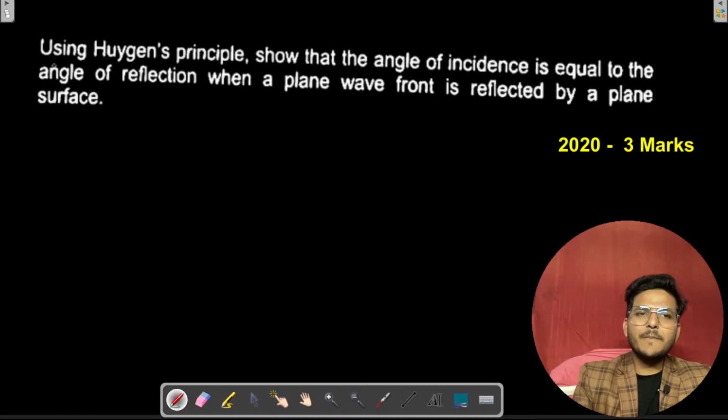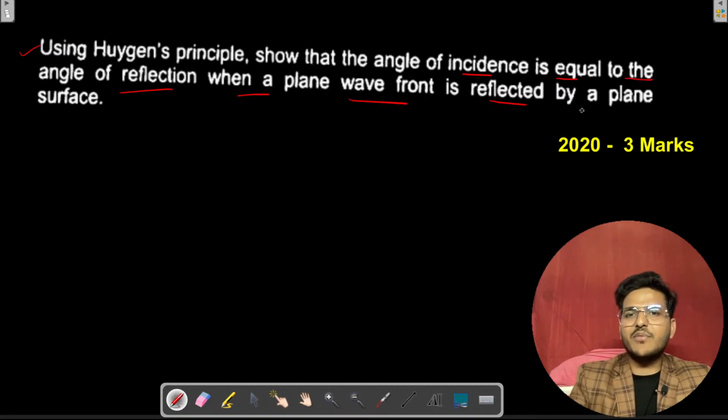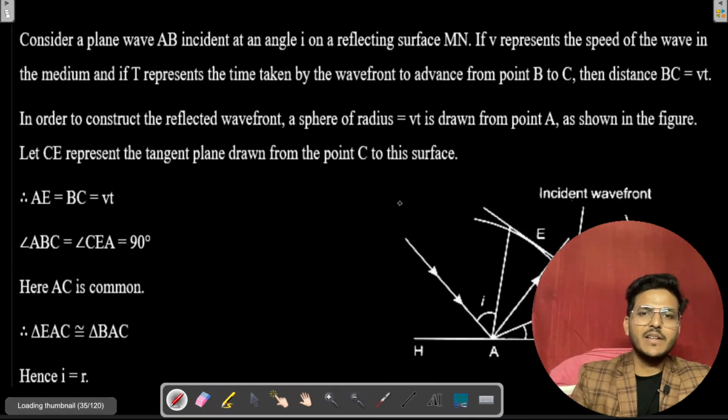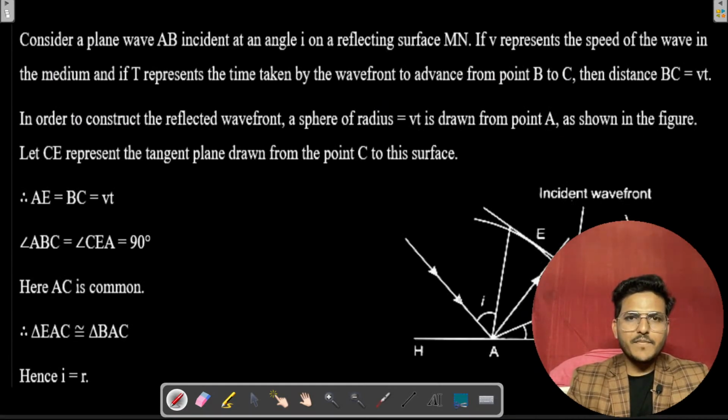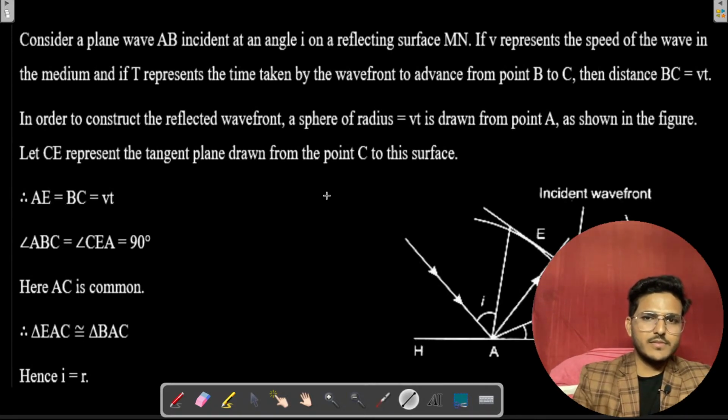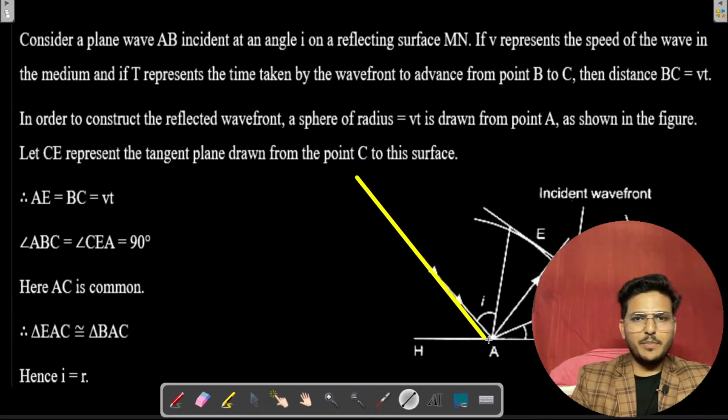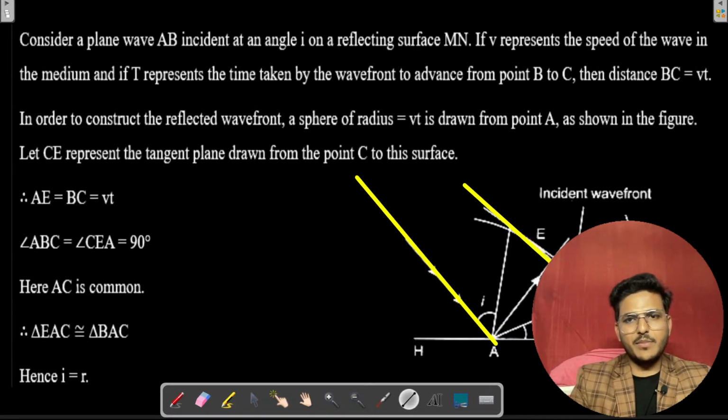Now moving to next. Using Huygens' principle, show that the angle of incidence is equal to the angle of reflection when a plane wavefront is reflected by a plane surface. As you know, a parallel beam of light is incident here.